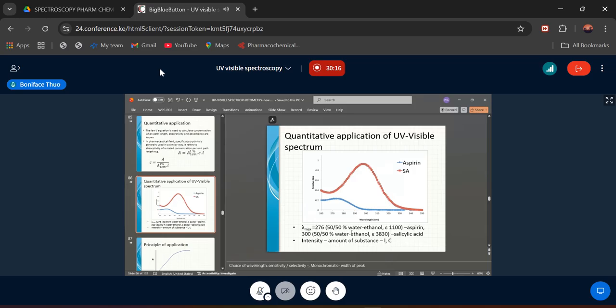Okay, and we can see that aspirin has low absorptivity compared to salicylic acid. And indeed, the lambda max are different because they are different molecules. But in terms of absorptivity, you can see they are quite different.